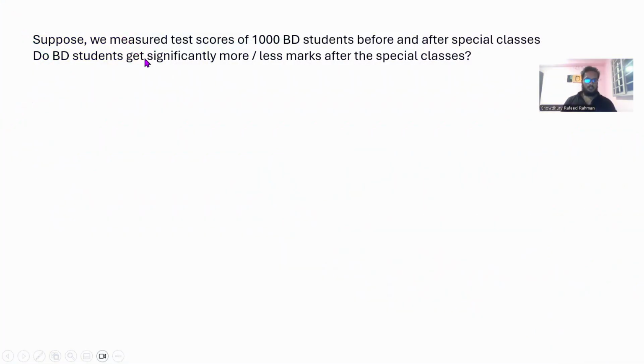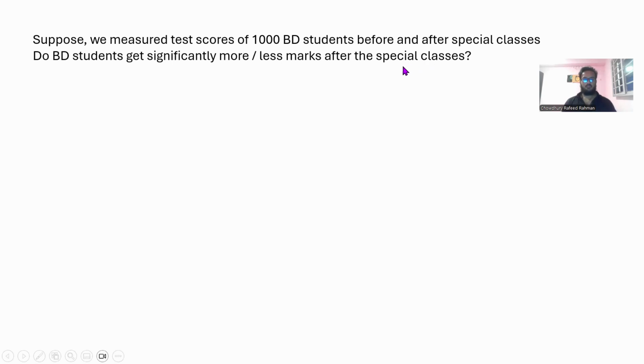First of all, let's look at this from the lens of an example. Suppose we measure test scores of 1000 Bangladeshi students before and after special classes. Basically, the students take exams before the special classes and after the special classes. What we are trying to measure is, do the students get significantly more or less marks after they go through those special classes?